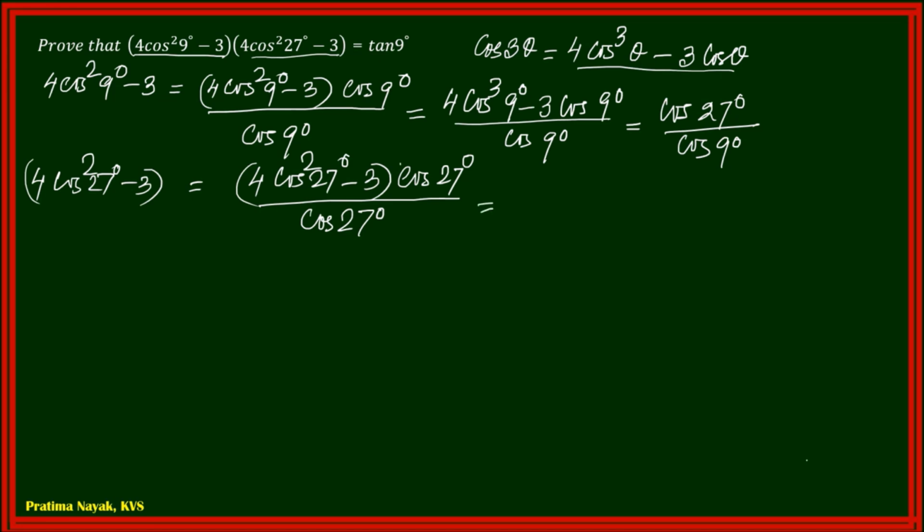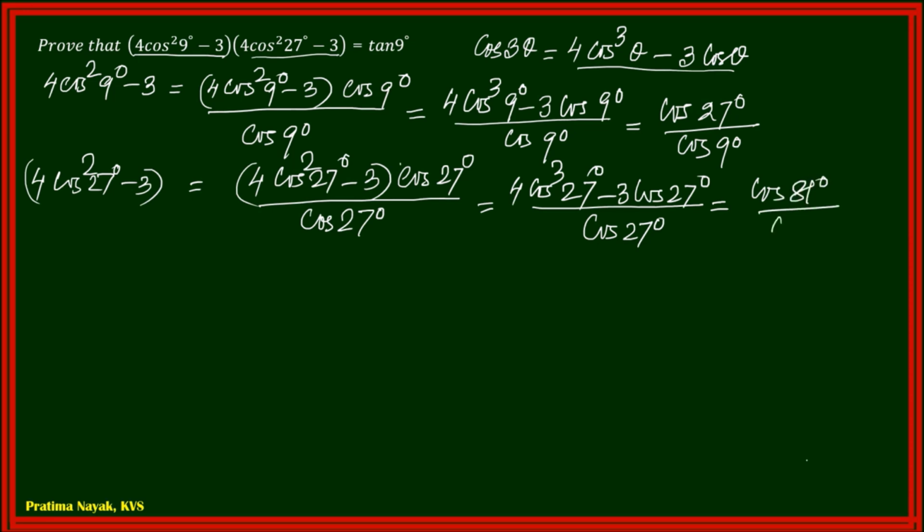So this will be 4 cos cube 27 degree minus 3 cos 27 degree, whole upon cos 27 degree. That will be cos 3 times of 27, that will be cos 81 degree over cos 27 degree.